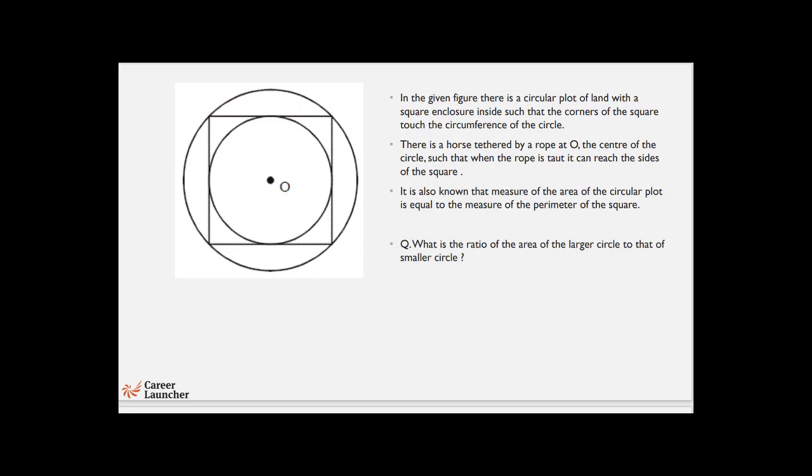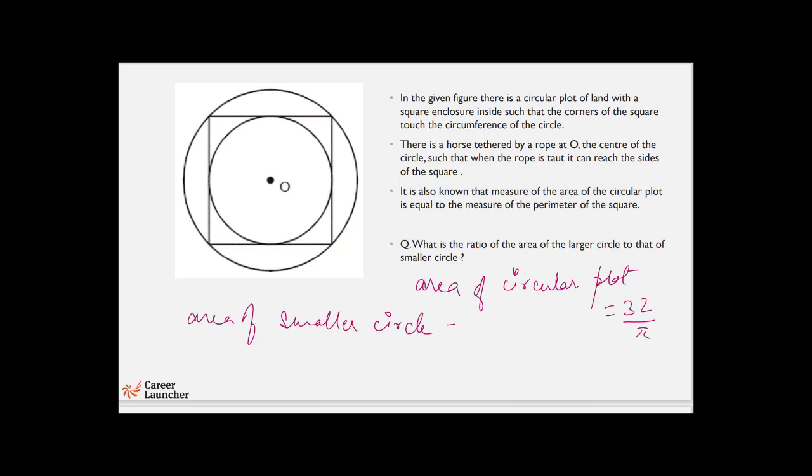So the next question here is, what is the ratio of the area of the largest circle to that of the smaller circle? Now, as you can recall, in the first question we calculated the area of the circular plot. Area of the circular plot, which is the largest circle, came out to be 32 upon pi. And area of the smaller circle would be pi r square, where r happens to be 4 upon pi. Radius of this inner circle is a by 2, and a by 2 comes out to be 4 upon pi.